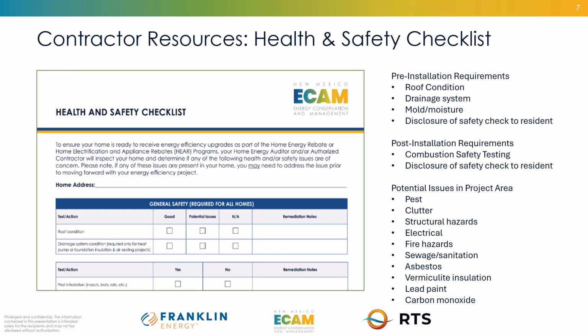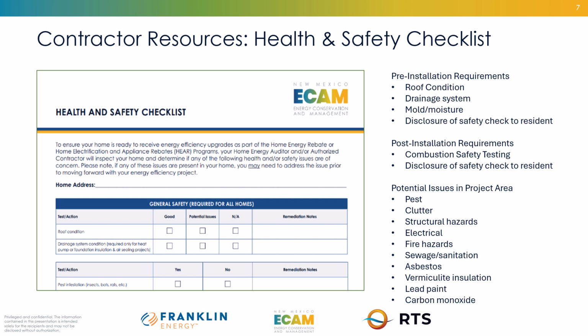Items in an installation area that may need to be checked include pest infestation, accumulated clutter, structural hazards, open electrical, potential fire safety hazards, sewage and sanitation, asbestos, vermiculite insulation, and carbon monoxide levels.